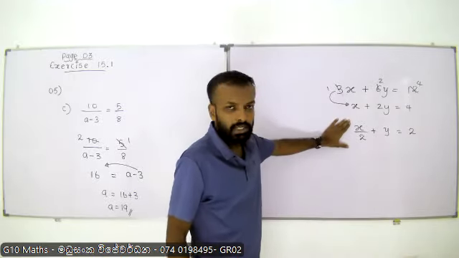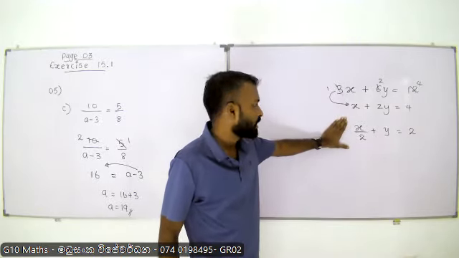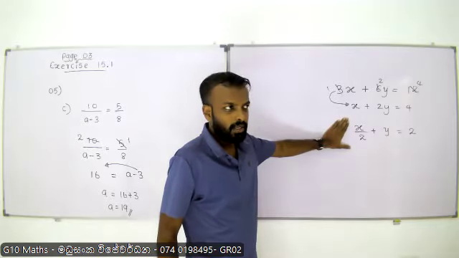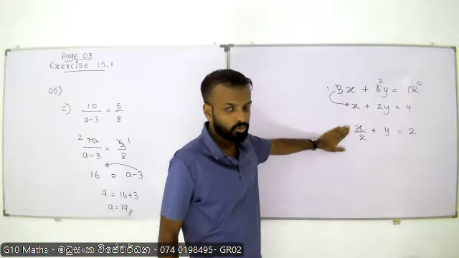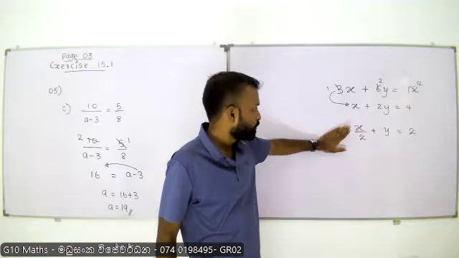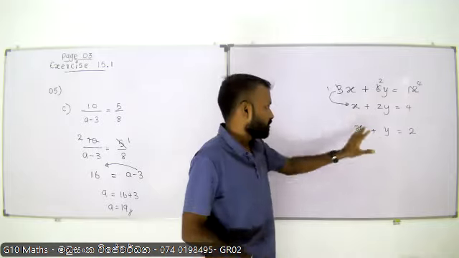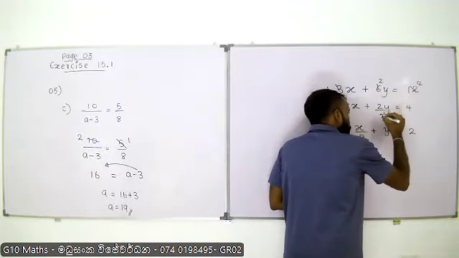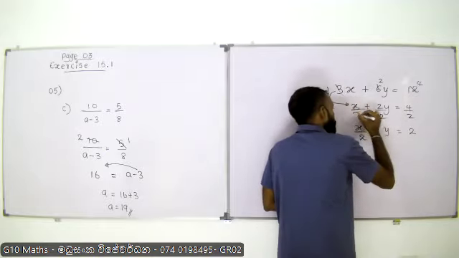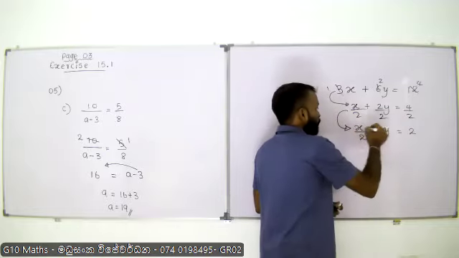This is perfectly correct. But if and only if you want to do this, you can do this. So the thing that you have done is you have divided all the terms by 2 so that you can directly obtain this.